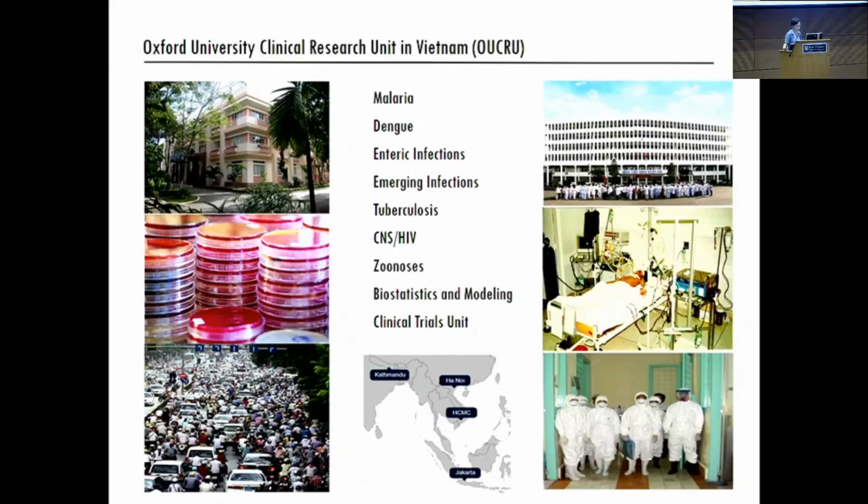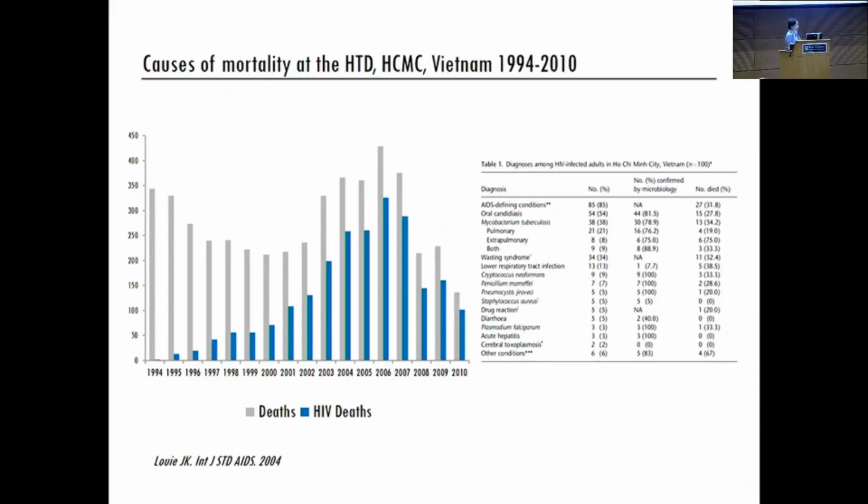This graph shows the mortality at our hospital over a 14-year period, and as you can see, mortality began to decrease, and that's due to a reduction in mortality due to typhoid fever and malaria. But then in the late 90s to the 2000s, we began to see an increase in mortality, and that was due to HIV, in blue, as you can see.